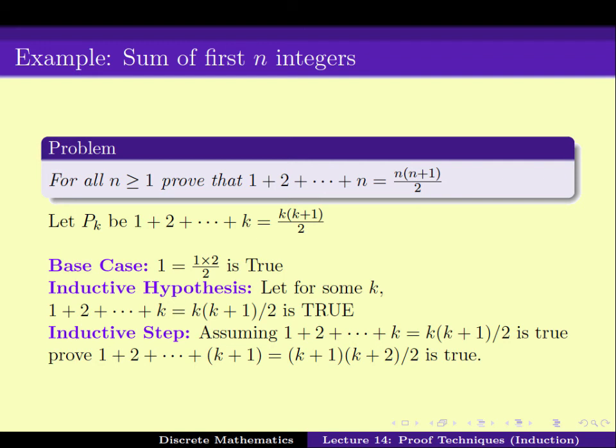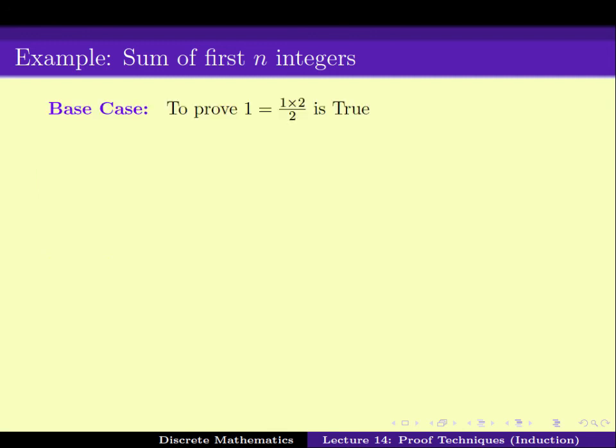So let's assume that 1 plus 2 till k, the first k integers, add up to k into k plus 1 by 2. And the inductive step says that, assuming the inductive hypothesis, prove that the sum of the first k plus 1 numbers is k plus 1 into k plus 2 by 2. As you can see, this whole problem has been boiled down to 3 basic steps.